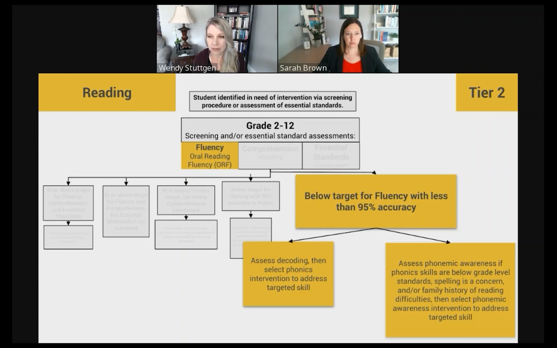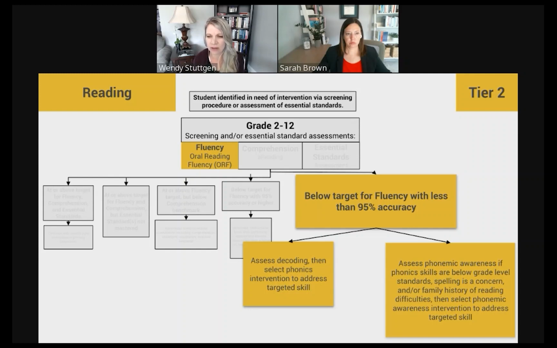For this student, because his fluency and accuracy are far below benchmark, we need to gather some additional data to determine intervention need. However, if a student was just a slow but really accurate reader, then we could feel more confident to say that only a fluency intervention was needed and we wouldn't need to do further assessing.